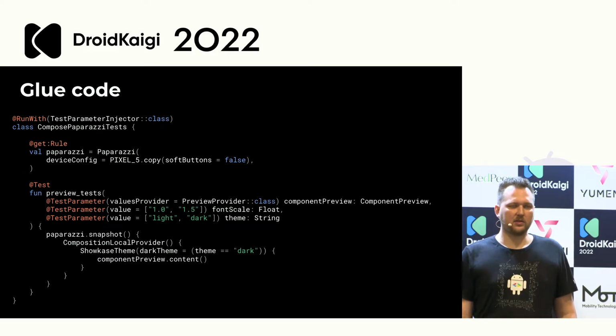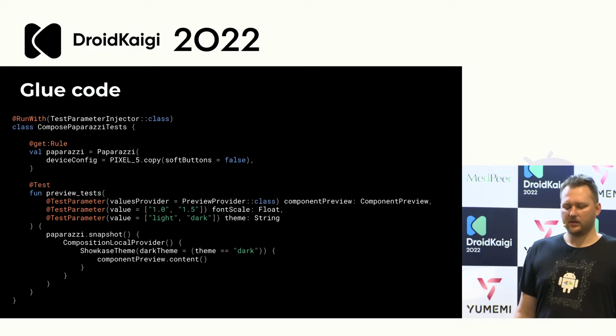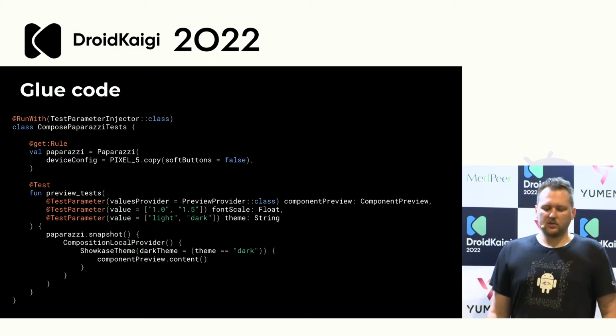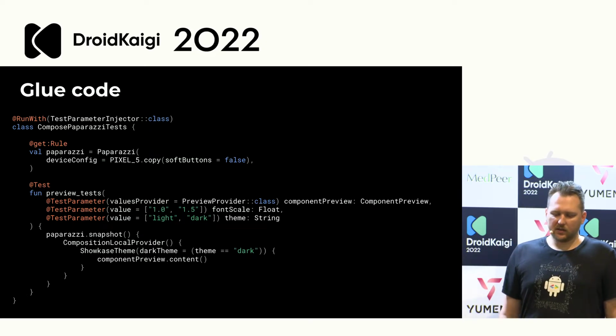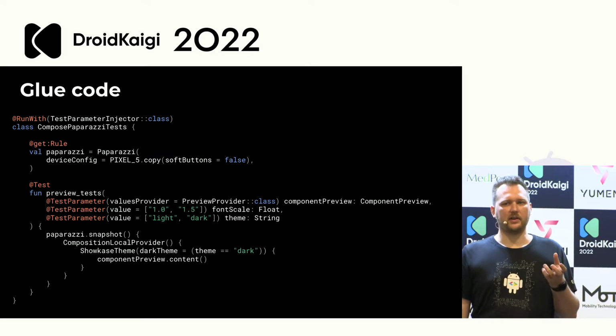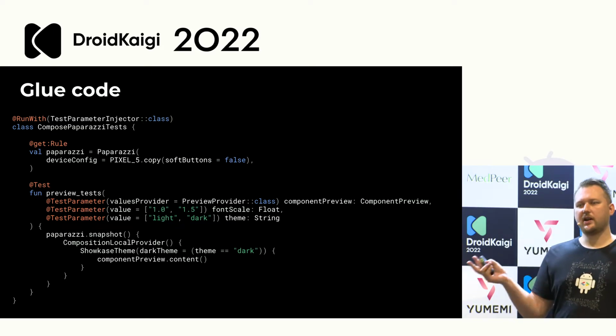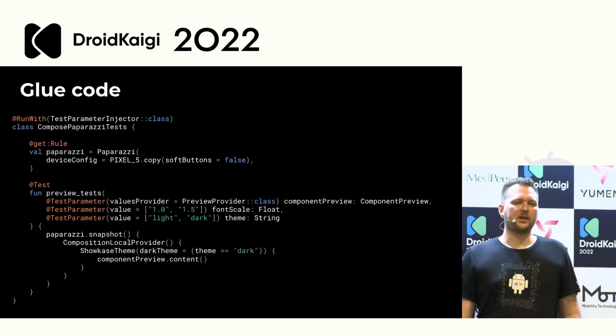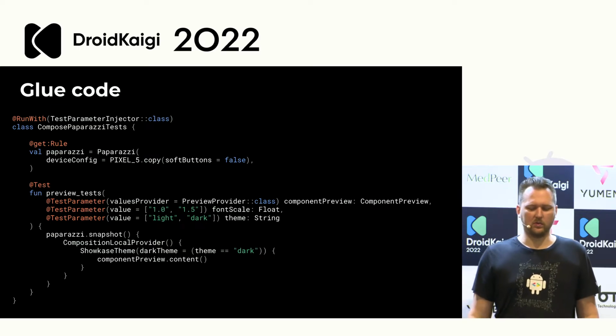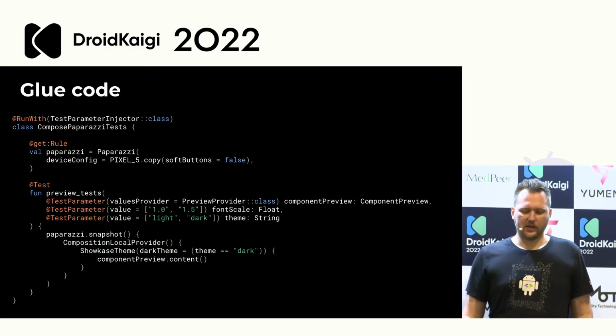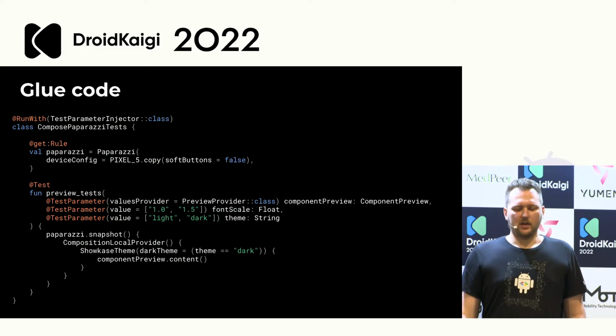And in this test method, you write these test parameters, and you specify, in this case, that you want font scale 1.0 and 1.5, so it will generate larger font and normal font, and the theme will be light or dark, light mode or dark mode. And the rest of it is just glue and taking the screenshots from the Airbnb library.